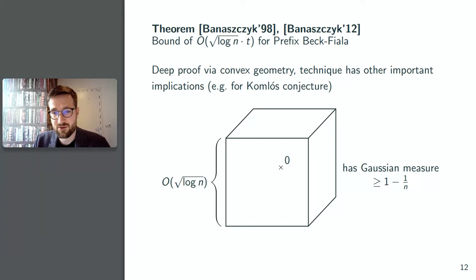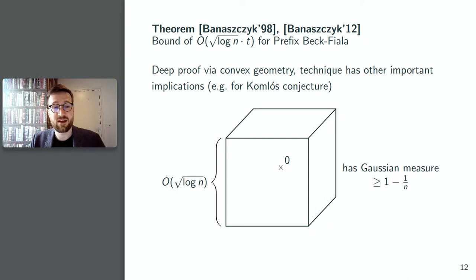So in order to get a very high Gaussian measure, he needs to consider hypercubes with edge length of order square root log n. And that's where the square root log n comes from, and this is also very inherent in his proof.